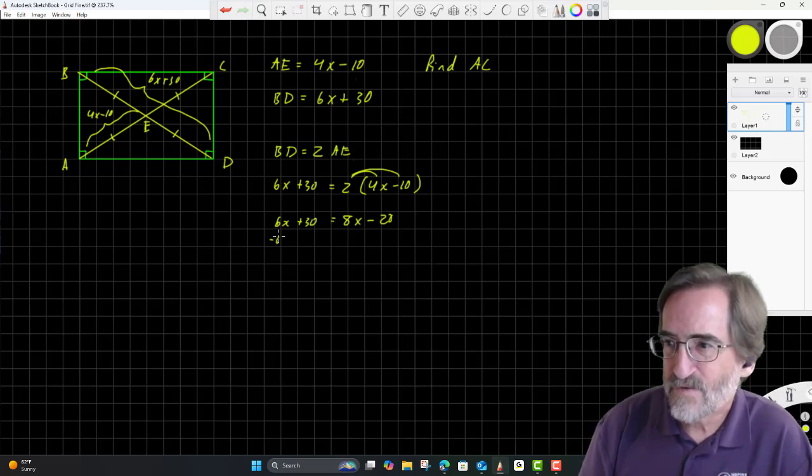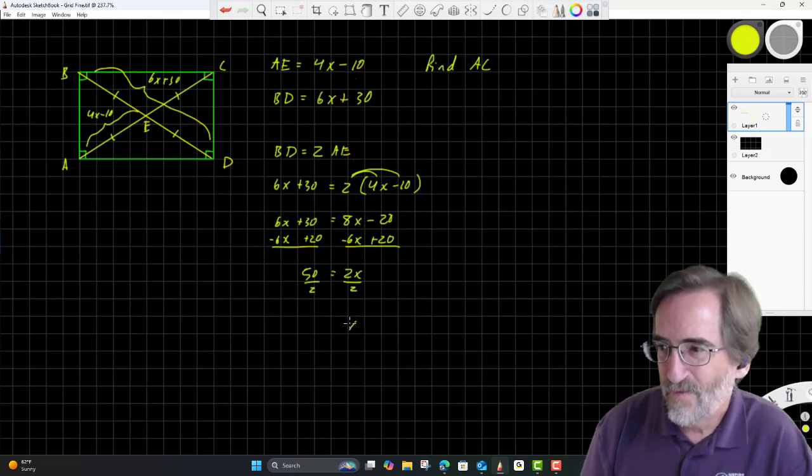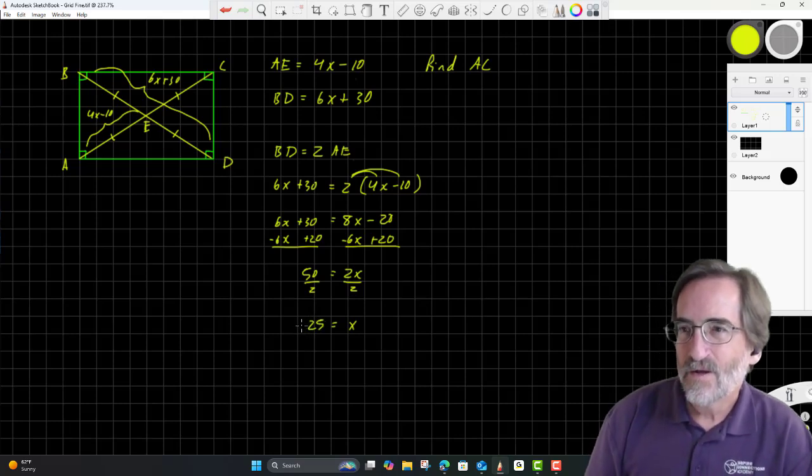Subtract 6x from both sides, and add 20 to both sides. So we get 50 equals 2x. Divide by 2. Looks like I did make it solvable. X equals 25.